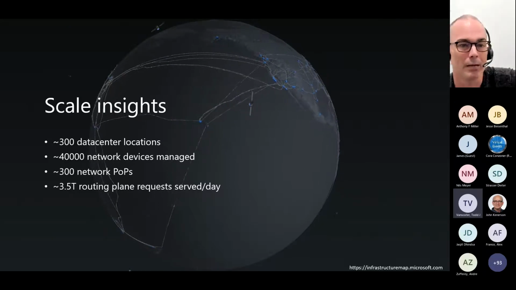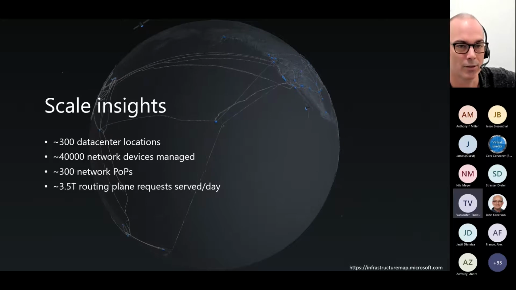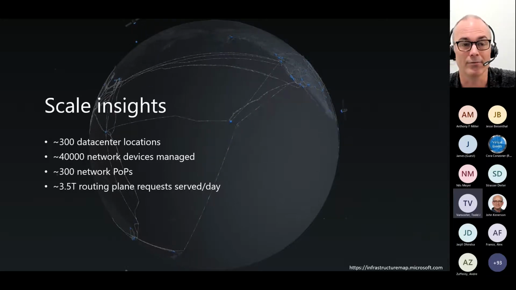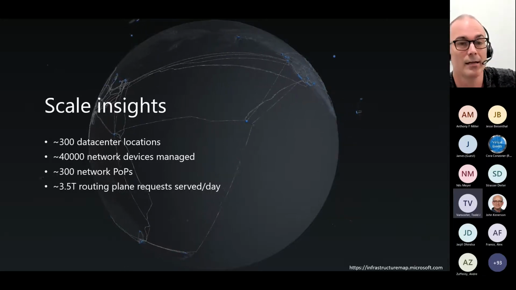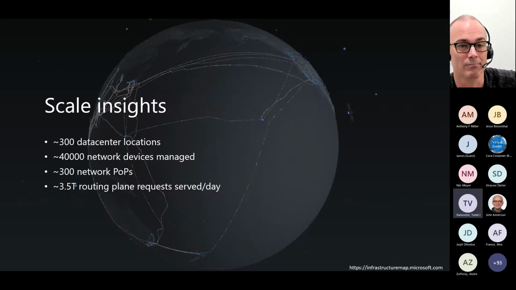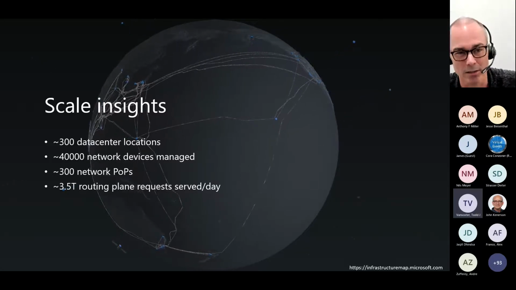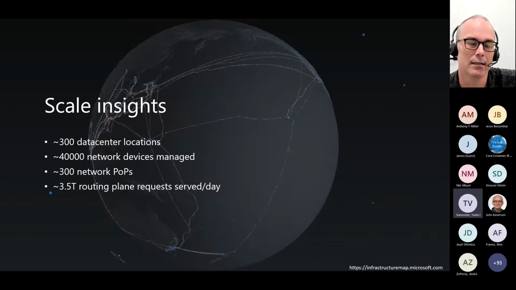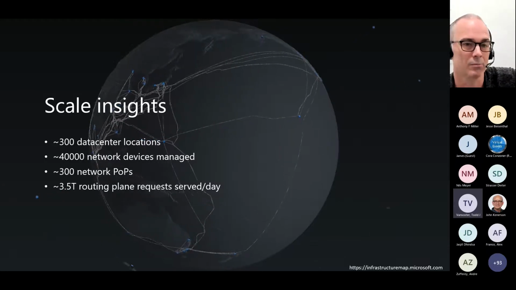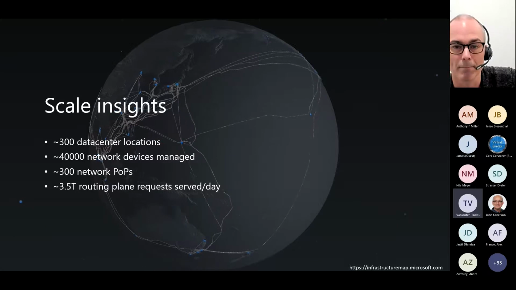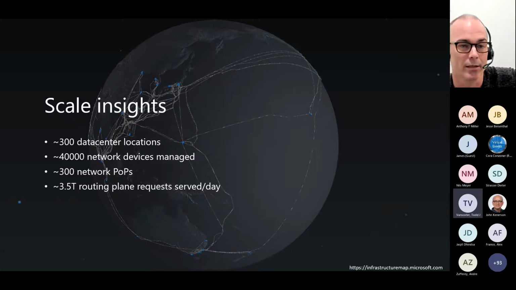We have around 300 network POPs, points of presence around the world, and these are places where we exchange traffic with internet service providers. In some cases there's direct connectivity, primarily used for Azure, but occasionally used for our SaaS services, things like Exchange. So we have those globally distributed.